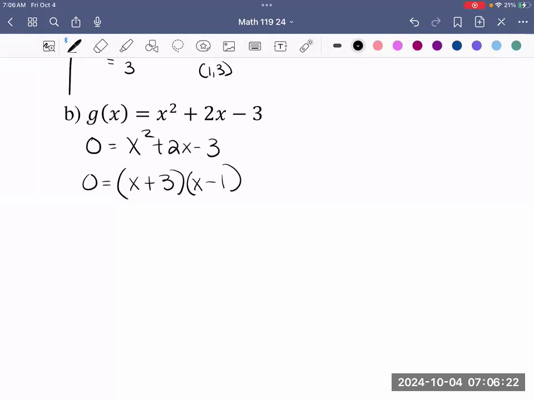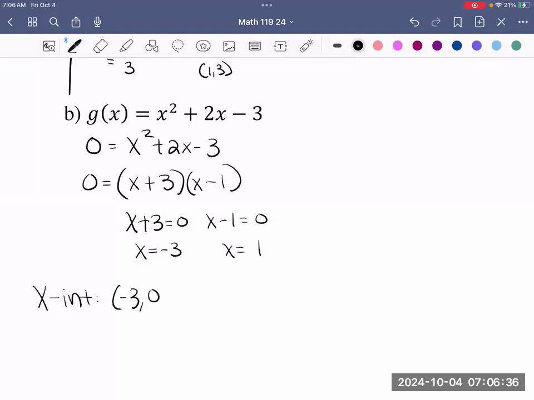Now we get to go ahead and set each equal to 0. So x is equal to -3 and x is equal to 1. These are your x-intercepts at -3, 0, and 1, 0. Again, this is where your y is equal to 0.